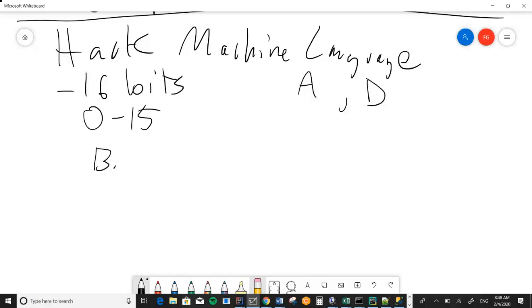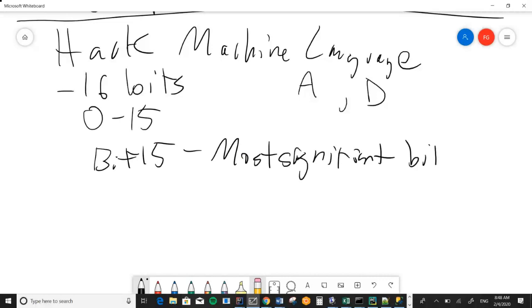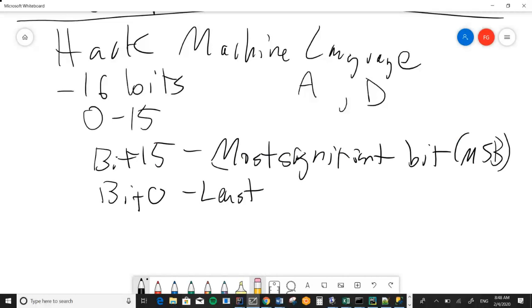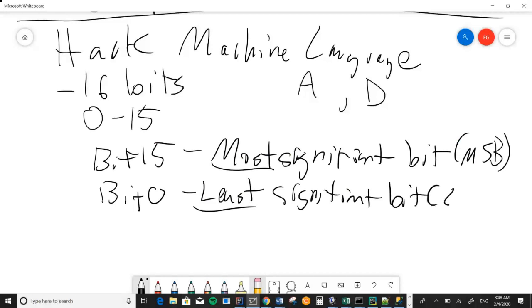Bit 15 is known as the most significant bit, or MSB, and bit 0 is known as the least significant bit, or LSB. When I say most or more, I'm going left and upward. If I say less or least, I'm going right or backward.